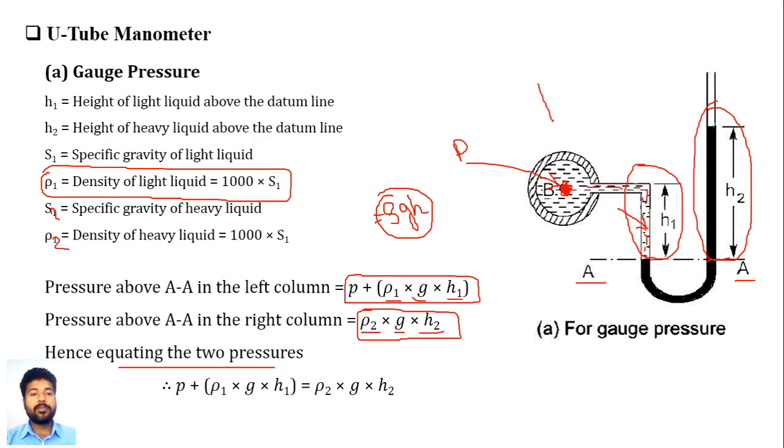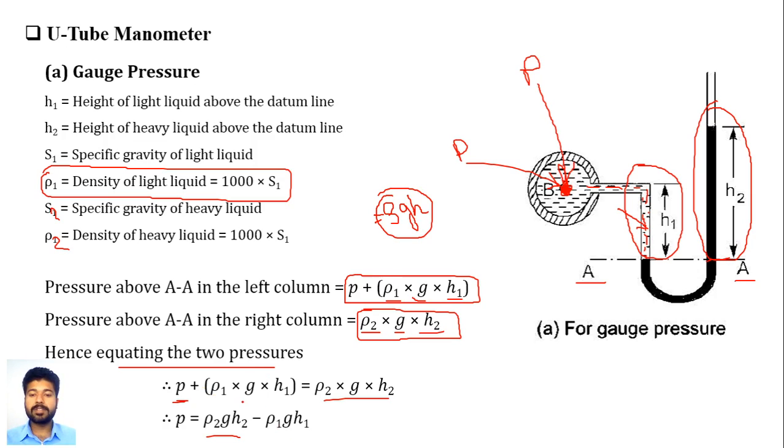We are going to find the pressure in this pipe at point P. So keep P on the left side and move the rest of the components to the right side, so rho 1 g h1 goes from the left side to the right side.